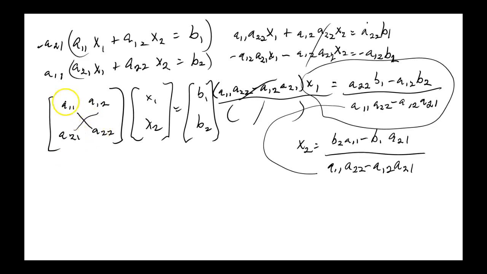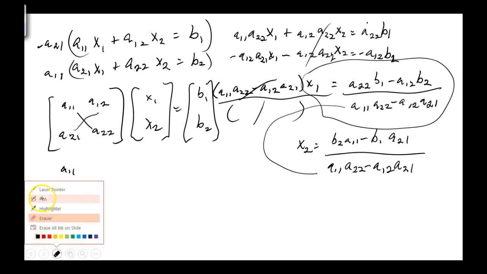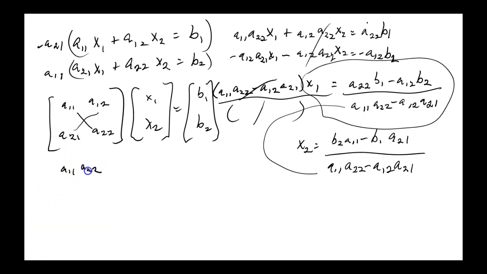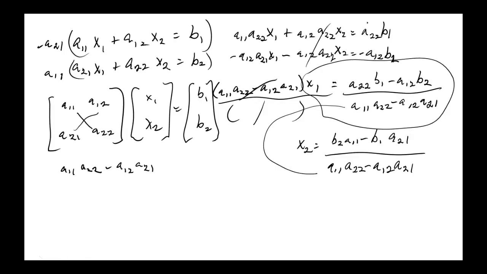The positive product of your down diagonal, main diagonal, A11 times A22, minus the up diagonal, your other diagonal, the product there, A12 A21. That is your determinant of the coefficient matrix, and that's the denominator of these.